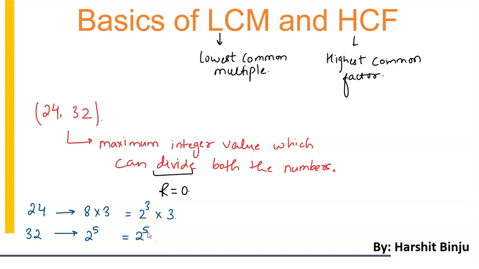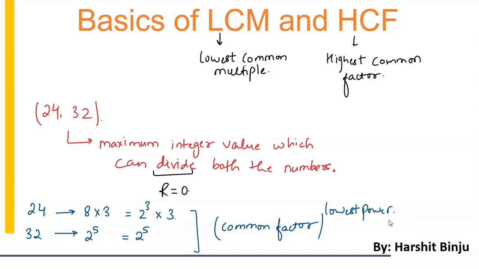Now if you want to calculate HCF of 24 and 32, or basically HCF of 2 cube into 3 and 2 to the power 5, what you simply have to do is take the common factor to its lowest power.